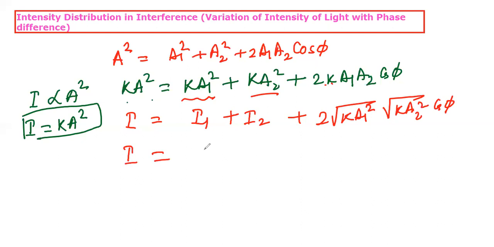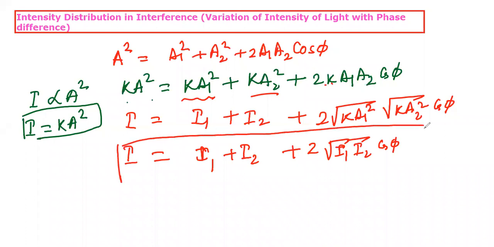So I is equal to I1 plus I2 plus twice root over of I1 I2 cos phi, right? So this is your I.